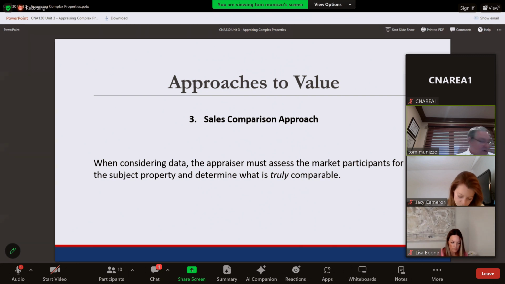We saw that in the earlier case study when we were looking at the circular homes, or my church house example, how we had to go back and try to find similar homes that a market participant would consider as an alternative.